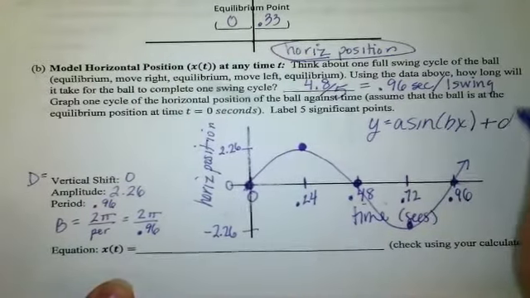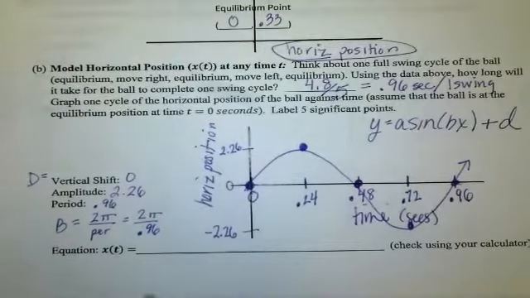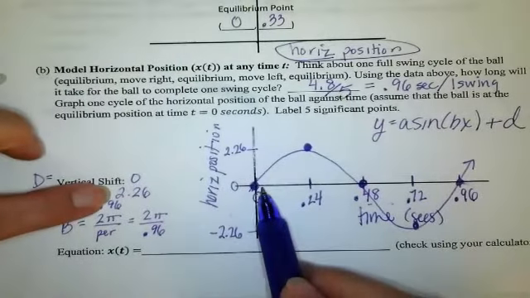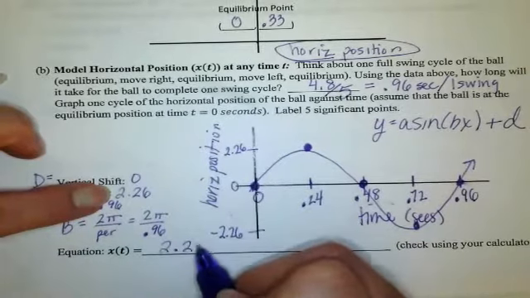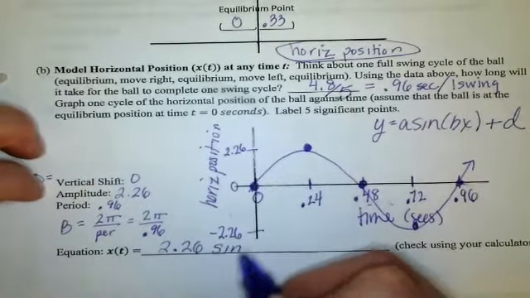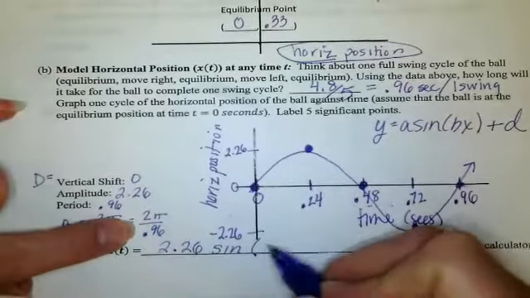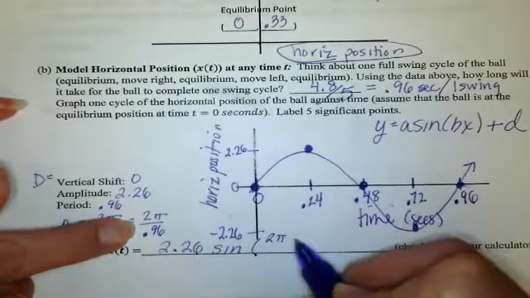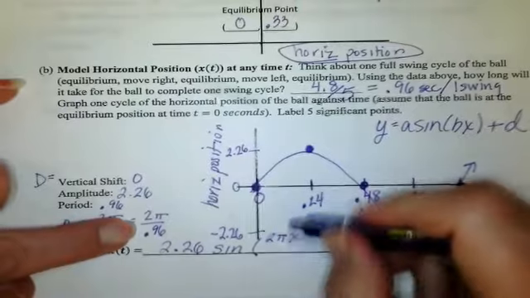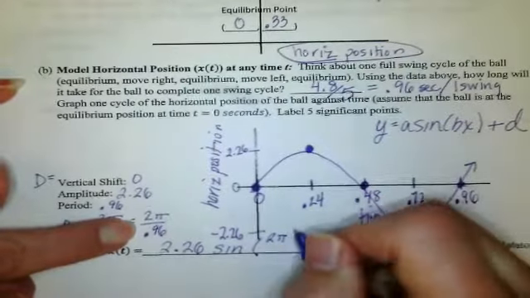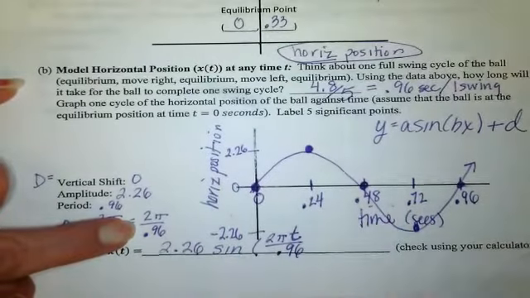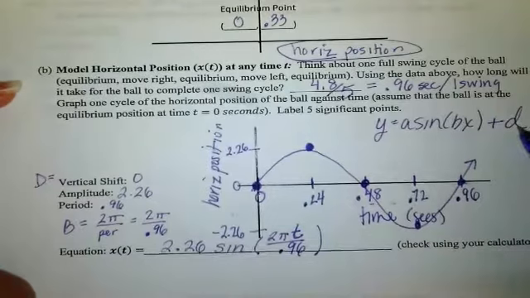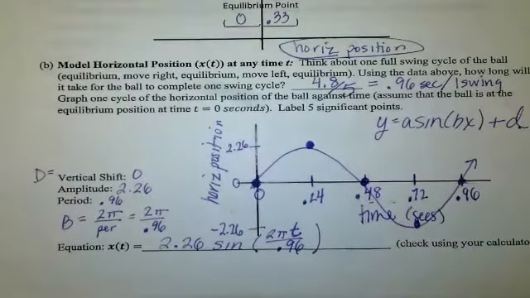C plus d. So my amplitude is going to remain positive: 2.26 times the sine of b, which is 2 pi, and I'm going to stick my t on top, using t, not x's. There's no c, and the d is 0, so I don't really need that.